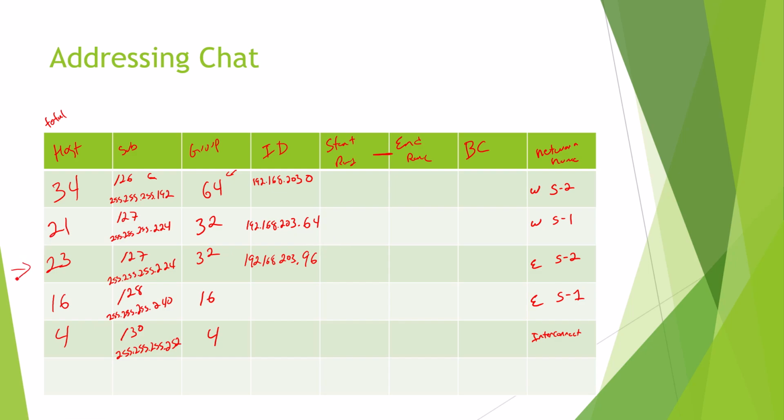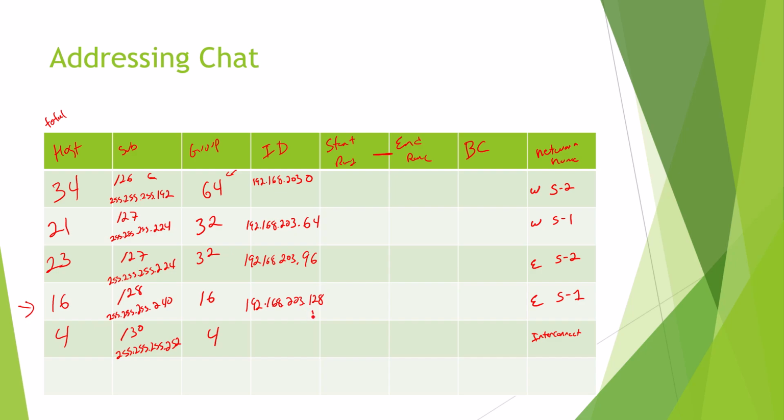Next one. Again, we're adding 32 in the 4th octet. All right, now we're going to the 4th network, also in the 4th octet.